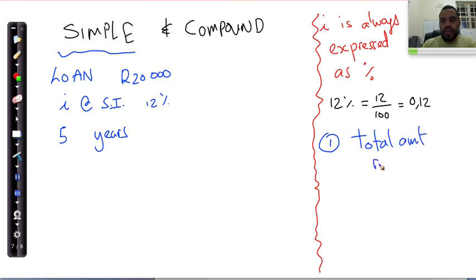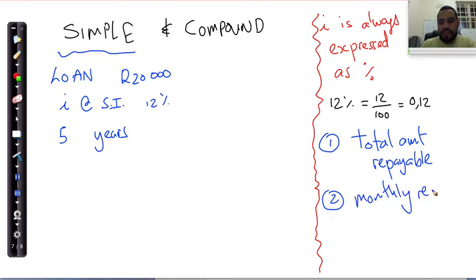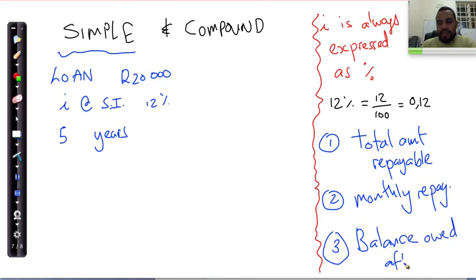And 2, I want to know what's the monthly repayments for a period of 5 years. And then finally, I want you to tell me what is the balance that is still owed after 3 years. So that's what we're going to look at right now.